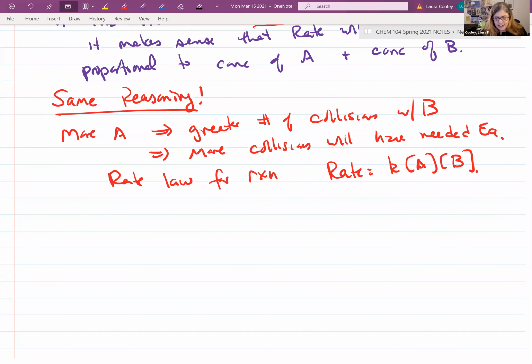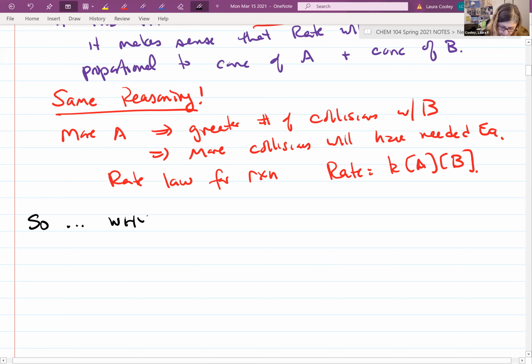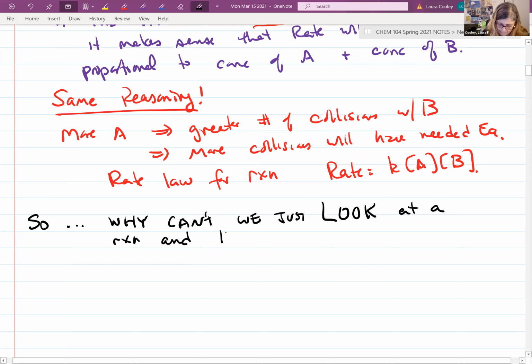So if that's the case, why can't we just look at a reaction and know its rate law? Think about that for a minute. Okay.